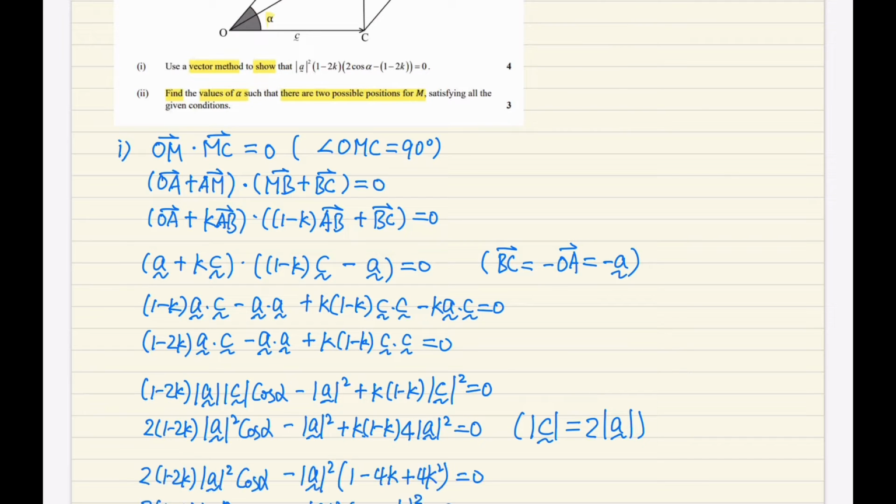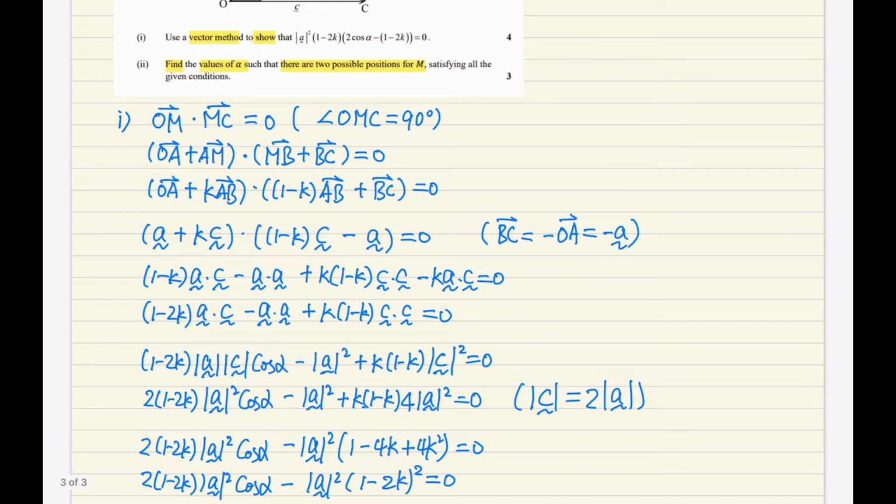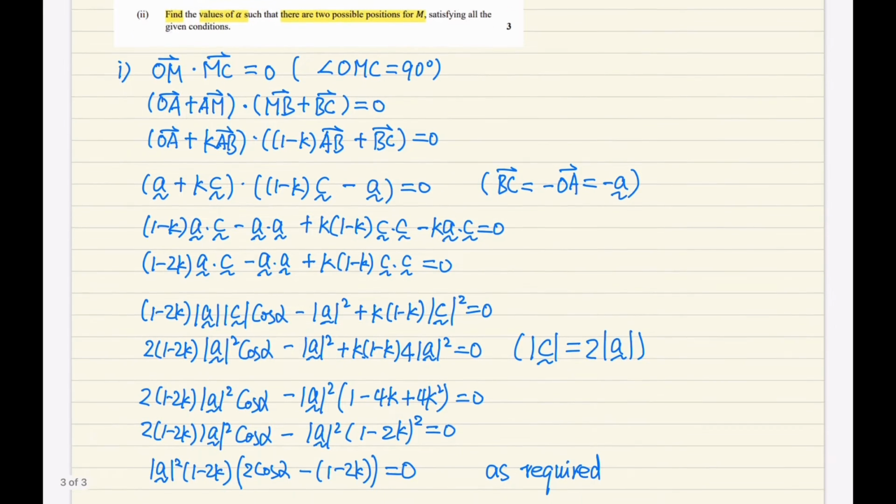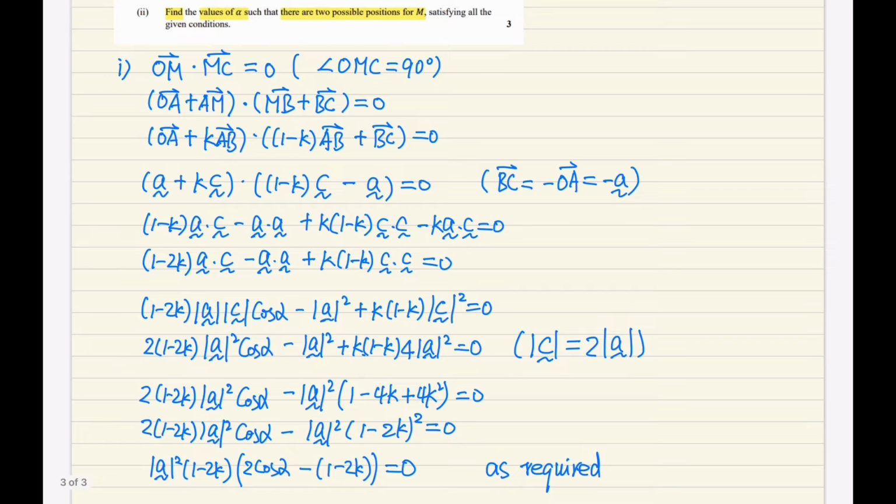But the second part has another factor of 1 minus 2k, so it indicates that we need to combine the last two terms and hope to get (1 minus 2k) squared. Actually, it does. The last step is to take the common factor, magnitude of vector A squared and (1 minus 2k). Then we get the required equation.